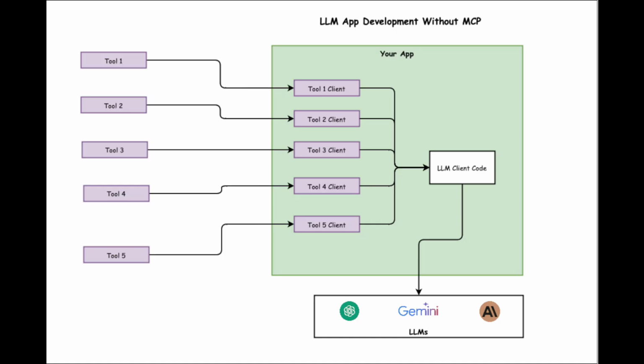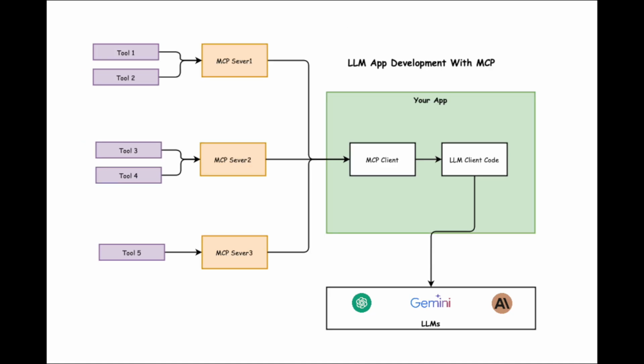Now let's look at what it would look like if we are going into development using MCP. With MCP, the abstraction is that you are no longer talking to your tools directly. Instead, almost all of your tools would be exposed via an MCP server. Imagine that all the 5 tools were exposed by different MCP servers.